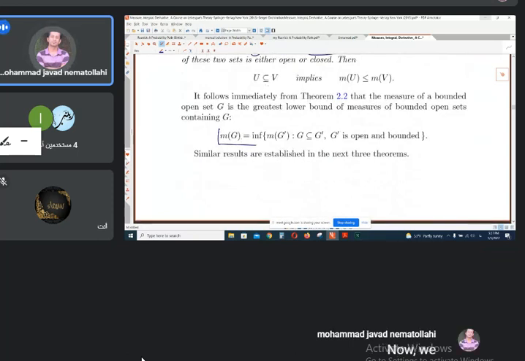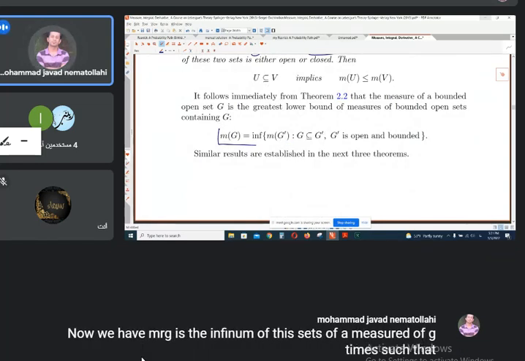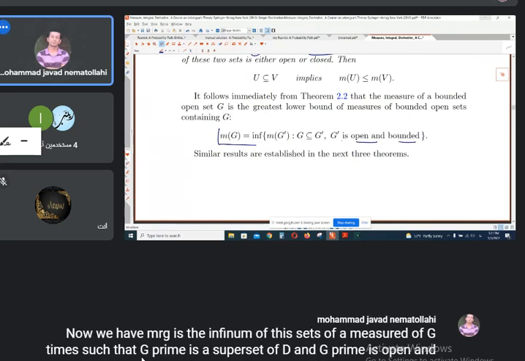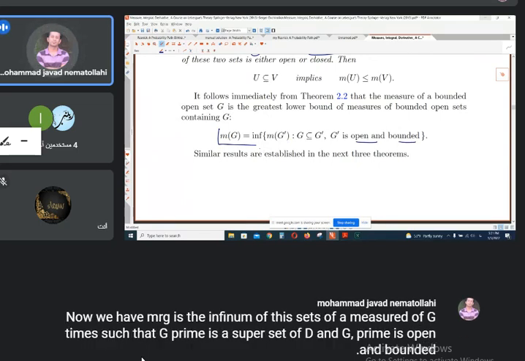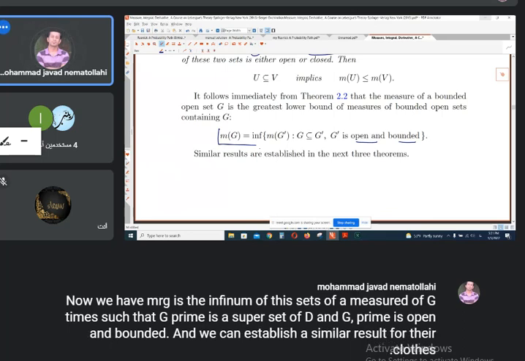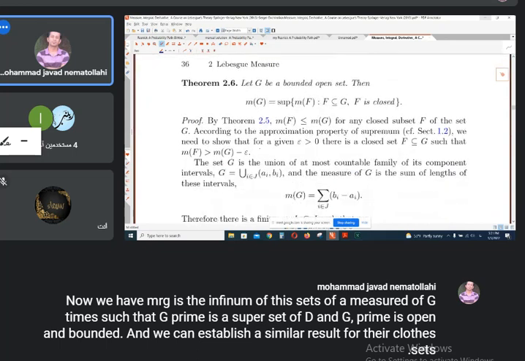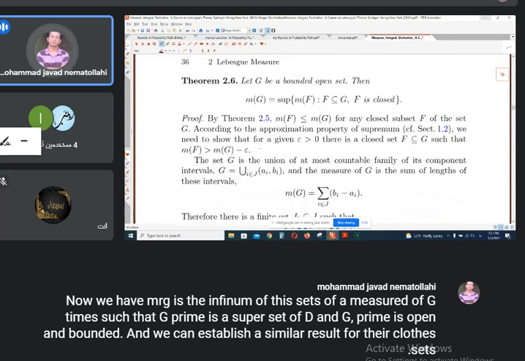Now we have M of G is the infimum of the set of measures of G prime such that G prime is a superset of G and G prime is open and bounded. We can establish a similar result for the closed sets. We want to prove two measures, an outer measure and an inner measure.